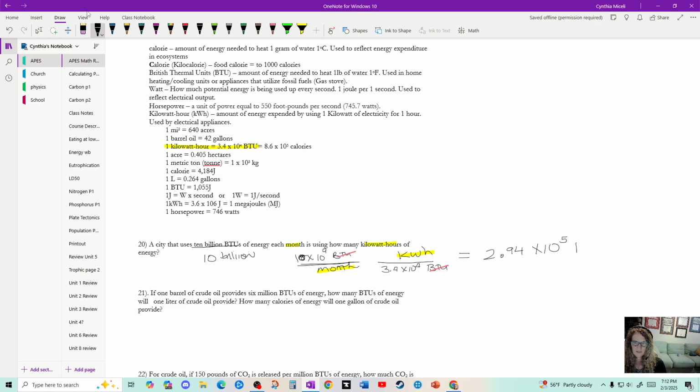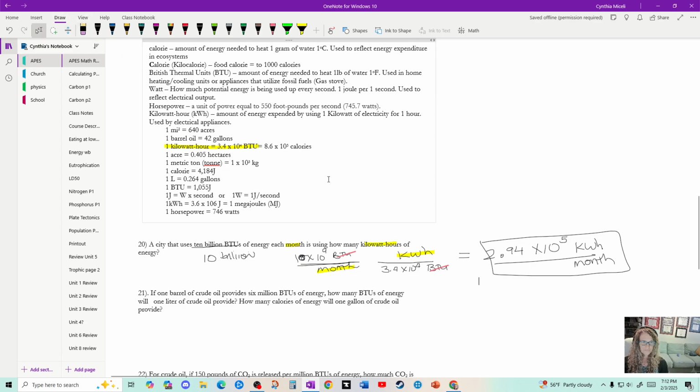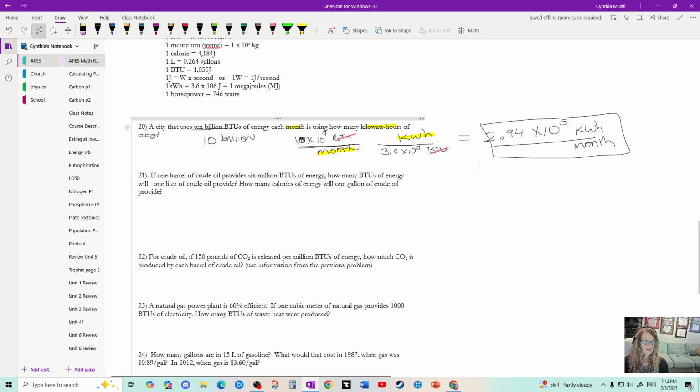So that's kilowatt hours per month. And then I have to box my answer so that College Board knows which answer is my final thing. Okay. That's crazy.